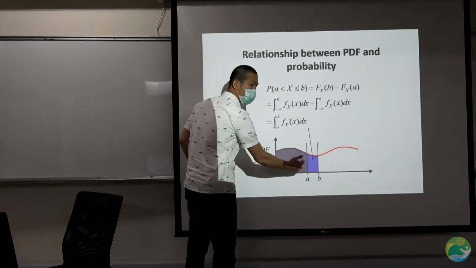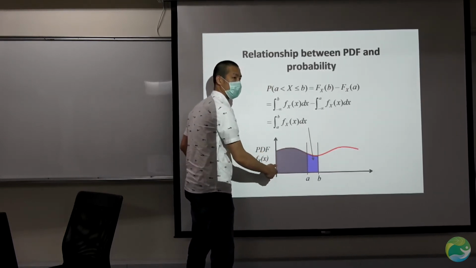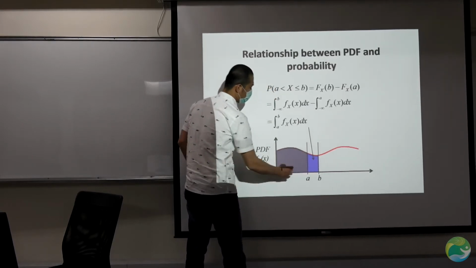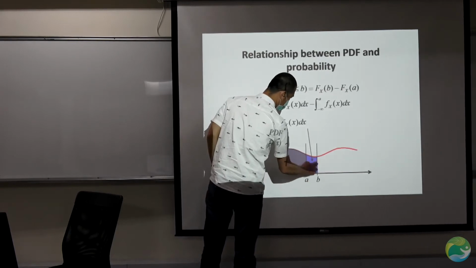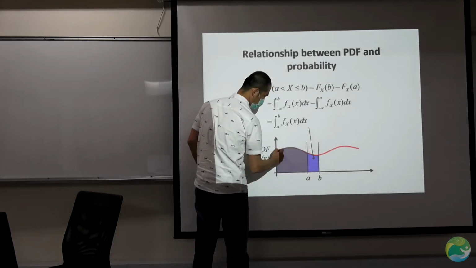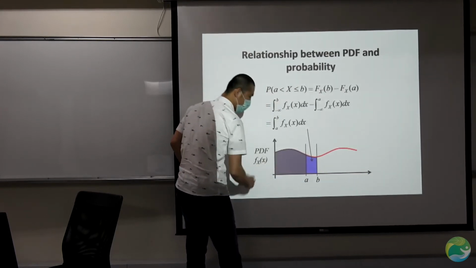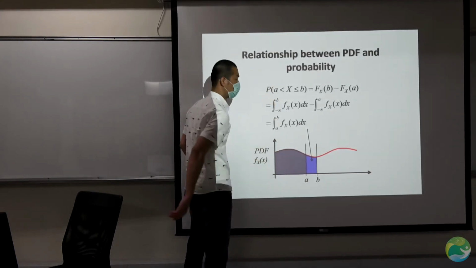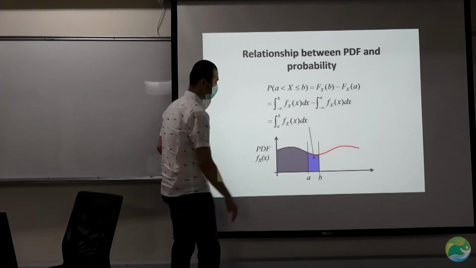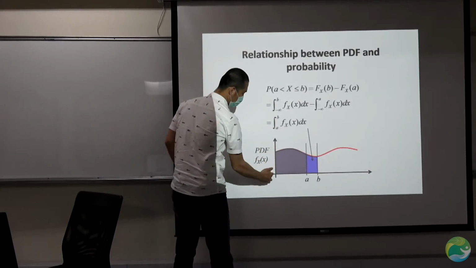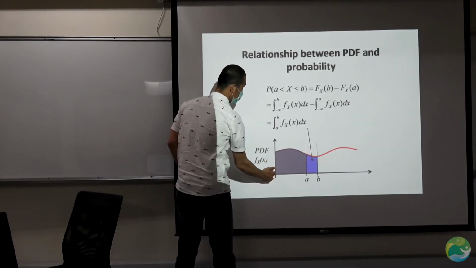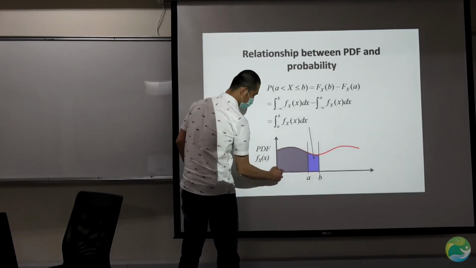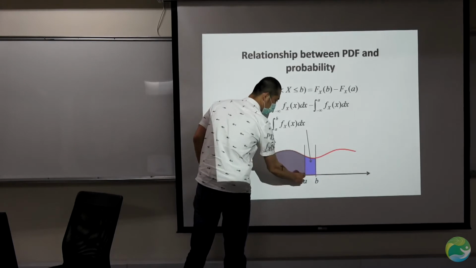Because we integrate out the delta x term, right? So the probability for this blue polygon is this area minus this area, right? So you integrate this PDF from here to B, and then minus from here to A, right?